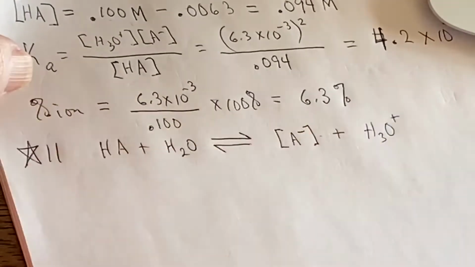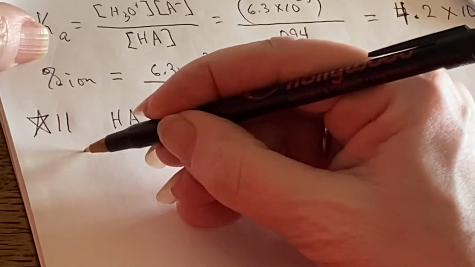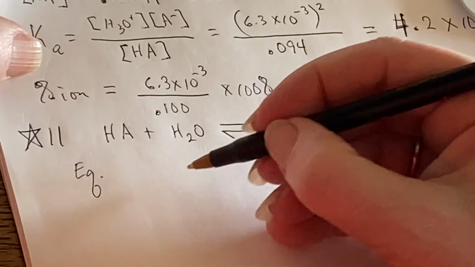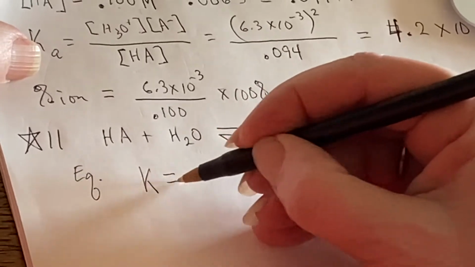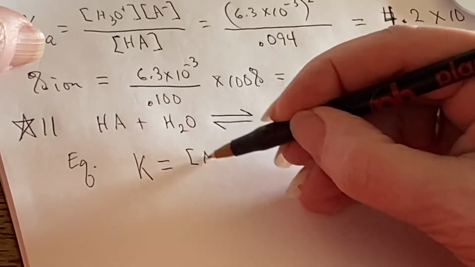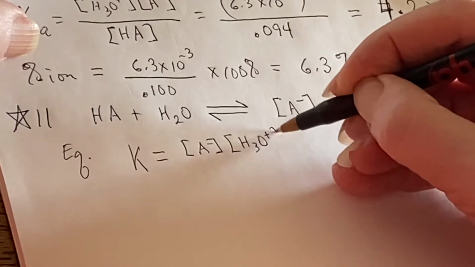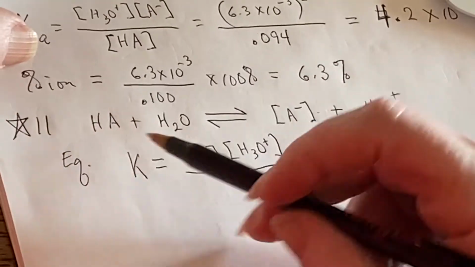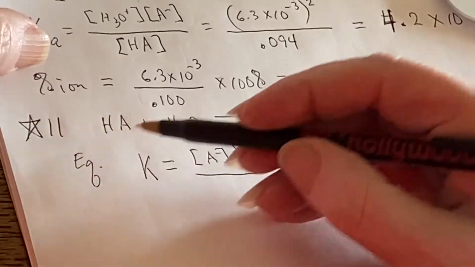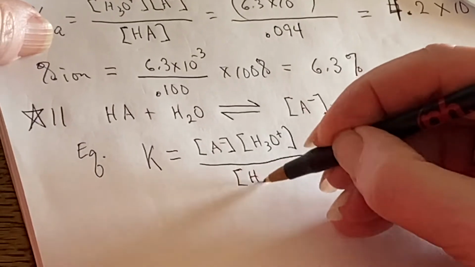At equilibrium, I'm going to have a situation where this value K is these products. And then the only reactant we put is HA, because water is supposed to be a liquid. It's not aqueous like these others. It gets ignored in this type of equation.